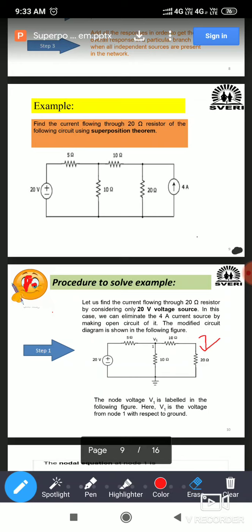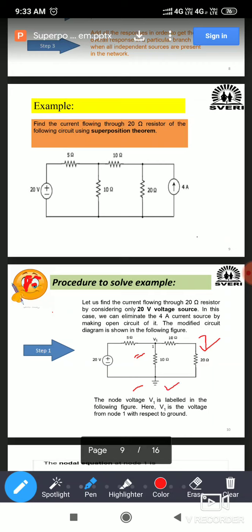What is the first step in nodal analysis? Observe the circuit carefully. Find out the number of principal nodes present in the given network. If you observe, this will be a node and this will be a node. Two nodes are present in the given network. The second step: once you identify the number of nodes, one of the nodes you consider as the ground node.